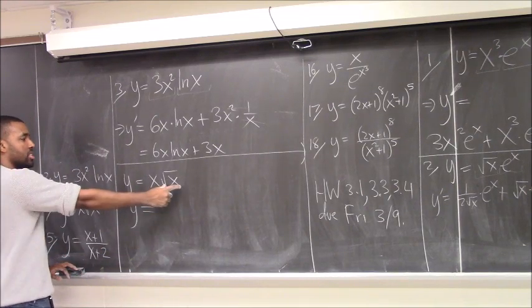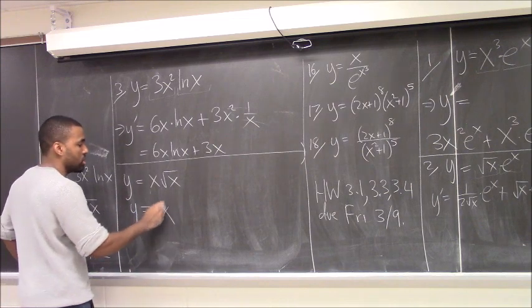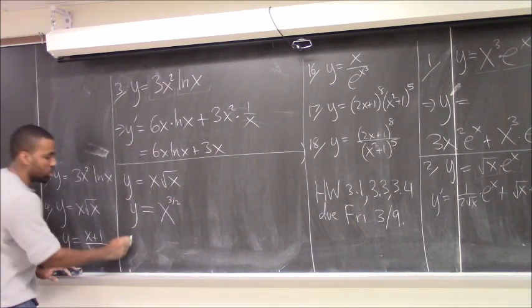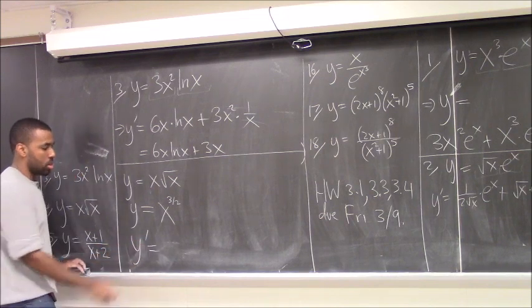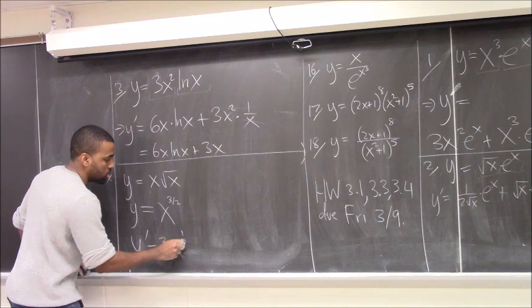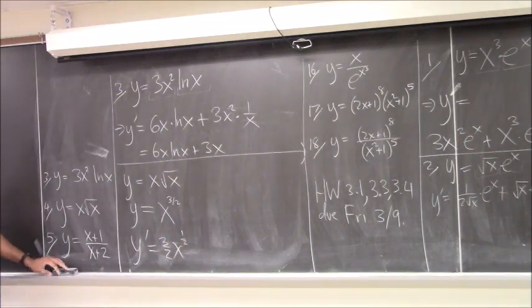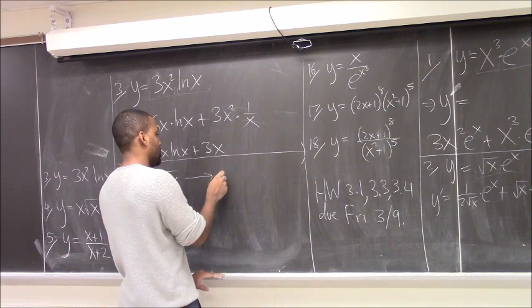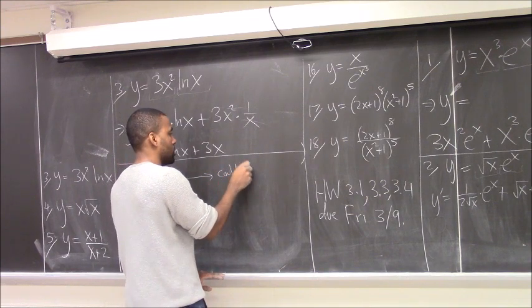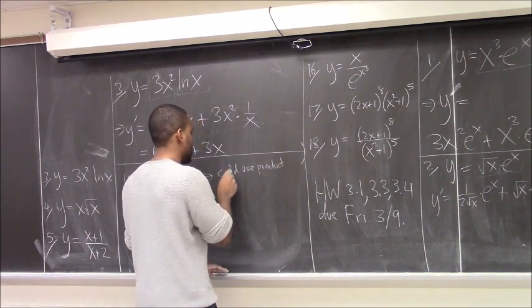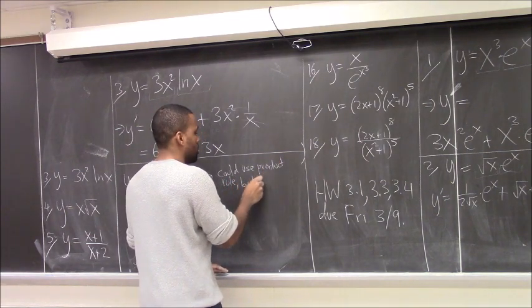It's x times x to the 1/2, so this is really just a fancy way of writing x to the 3 halves. And then I can just use the power rule. I don't need the product rule. 3 over 2 x to the 1 over 2. You could use the product rule, but it's overkill.